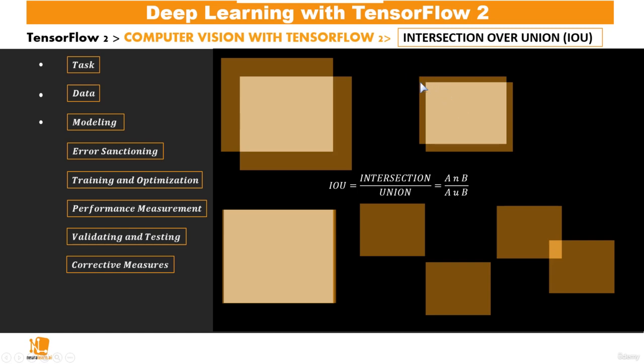The max of the 2 mins, like this and this, if we try to get the max of the 2 mins, then we get this point. If we get the min of the 2 max values, then we get this point, and obviously with that we get the area of this box.